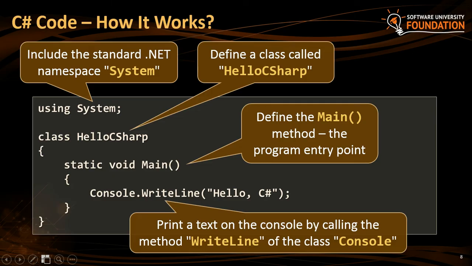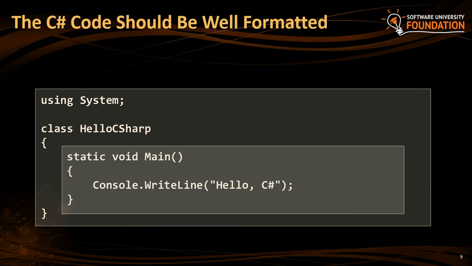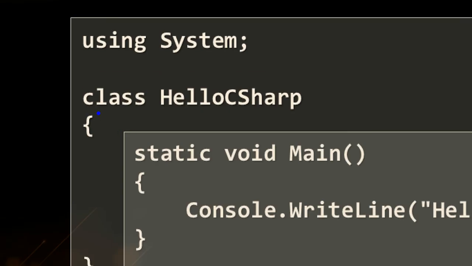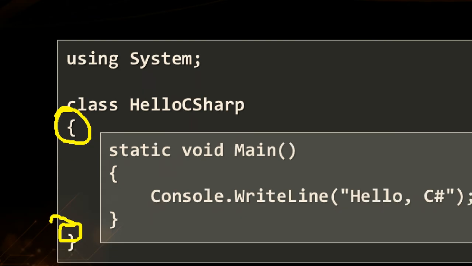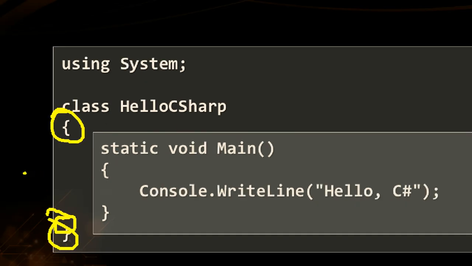Okay, let's get back to the slides because I explained too much additional information and I will not have enough time to cover it. So I already explained about the code formatting. Code formatting says that if something is inside something else, you should have opening and closing curly brackets, and this should be moved to the right.